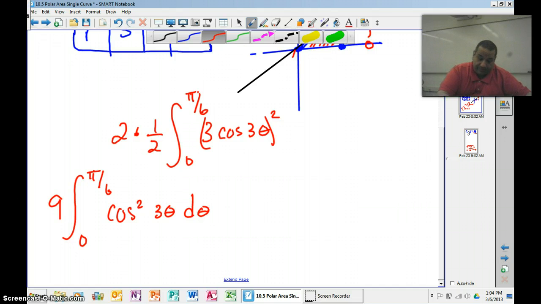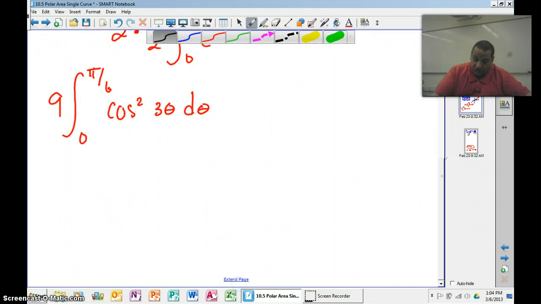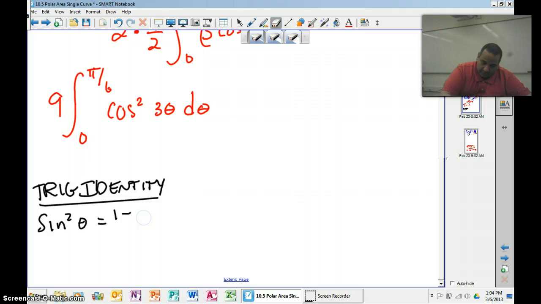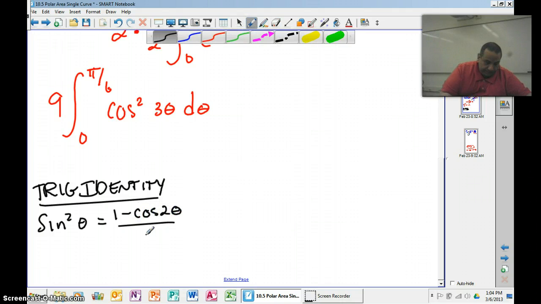And here are 2 of them that are very, very prevalent in this chapter, or in these 2 sections. We have a trig identity, or a couple of them. The first trig identity is sine squared theta equals 1 minus cosine of 2 theta, all over 2.